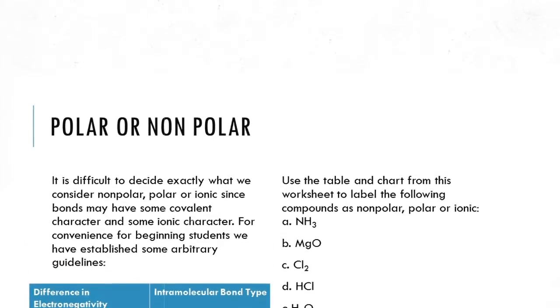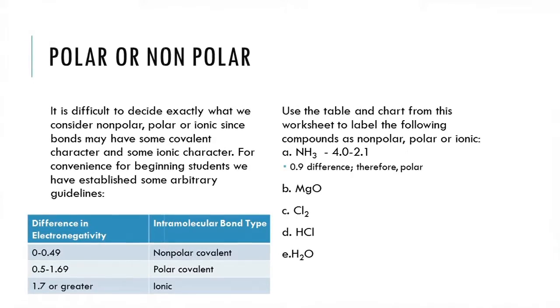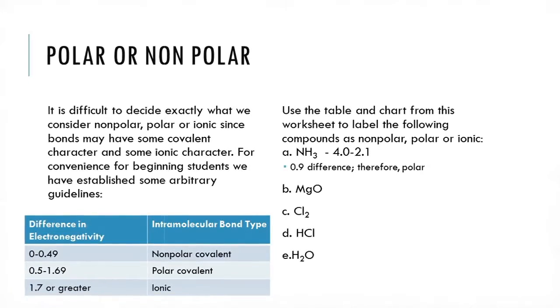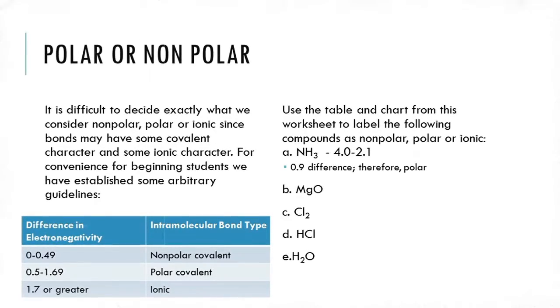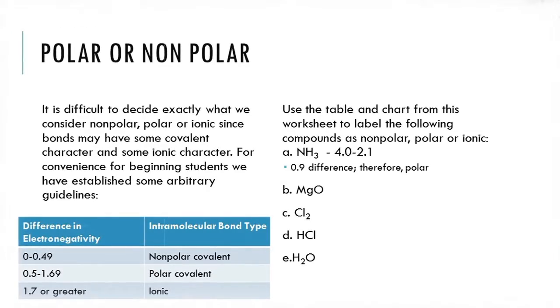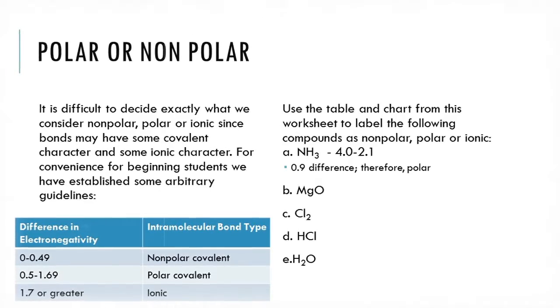We're going to work through some examples. So, when I look on the periodic table, I find that nitrogen has an electronegativity of 3.0 and hydrogen has an electronegativity of 2.1. So when I subtract 2.1 from 3.0, I end up with a difference of 0.9.